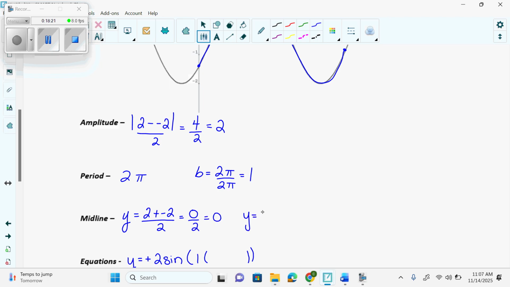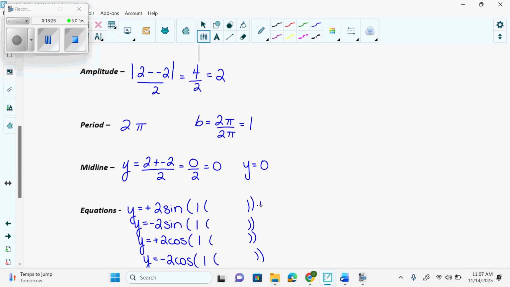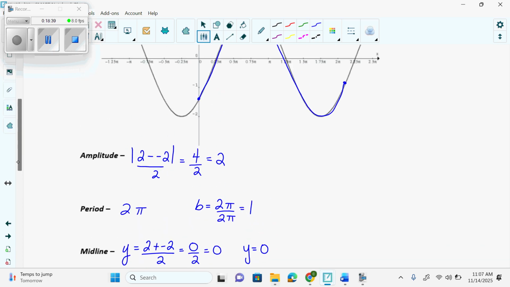So y equals 0. Which means once again I'm going to have plus zeros at the back, which I don't have to write, but I'm doing it to prove the point. And then go up to your graph and draw your midline at y equals 0, which is the x-axis. I'll come back down to that in a second.